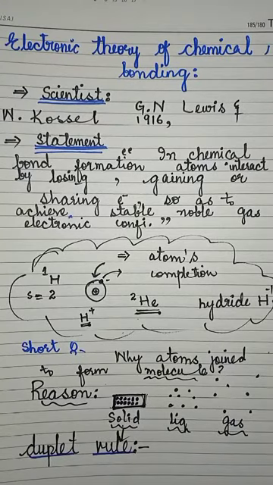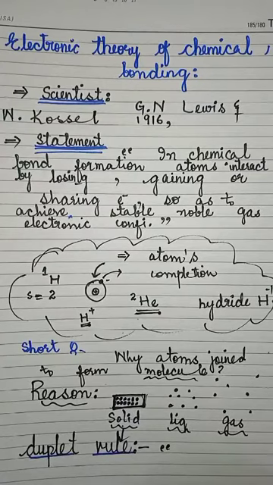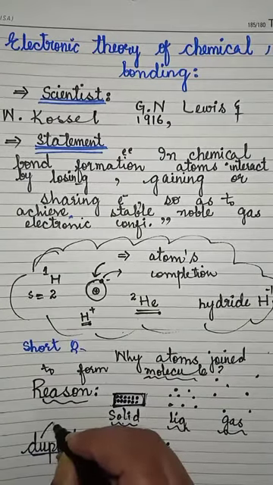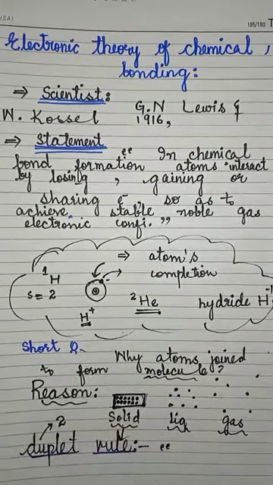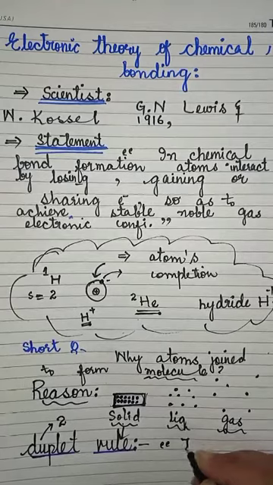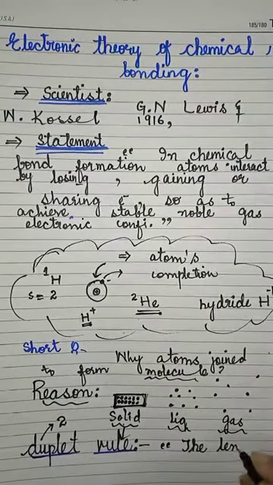What the Duplet Rule states is the tendency of an atom, the capability, the ability, to complete 2 electrons in its outermost shell. Here the word duplet is depicting 2. Di means 2, duplet means 2, right?